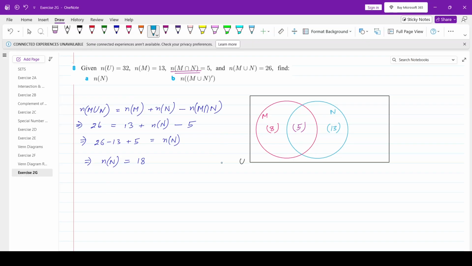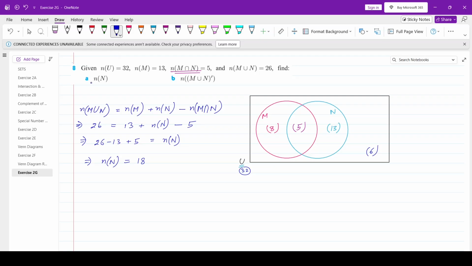That is this whole part. So the remaining part, that is neither M nor N, will be 32 minus the number of elements in M union N. M union N is 26. So 32 minus 26 is going to be 6. And those 6 elements will be here.